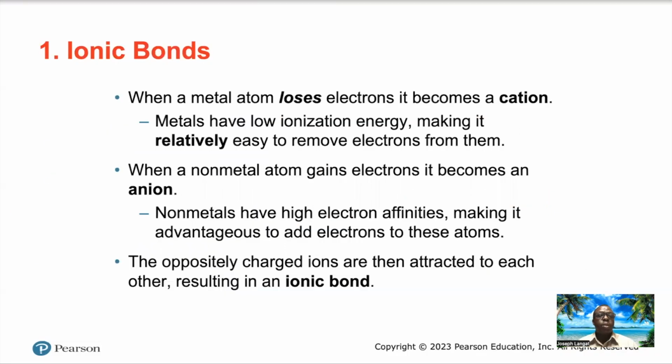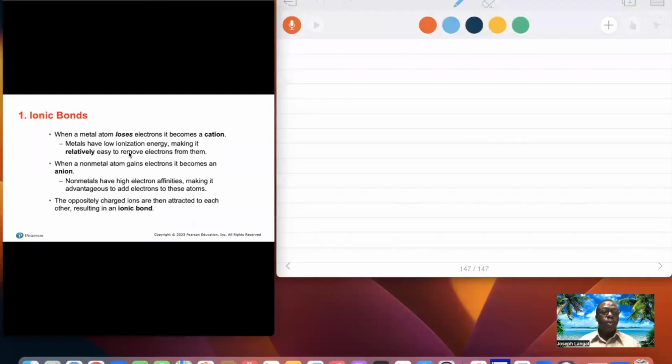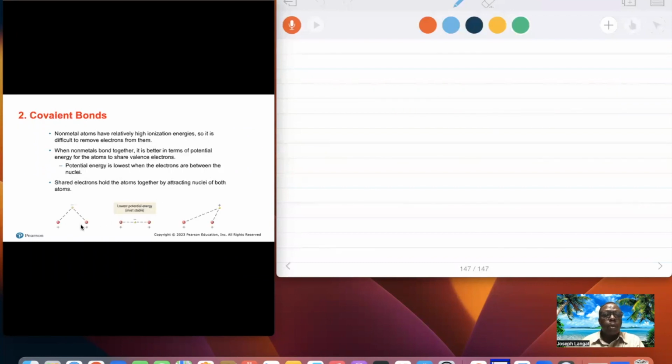Remember the trend on ionization energy: metals tend to lose their valence electrons because they have very low ionization energy. A non-metal, on the other side, gains electrons and becomes an anion. Gaining and losing has to do with the octet rule, which we look at later on. So remember, the type of bond which exists between a metal and a non-metal is ionic bond.